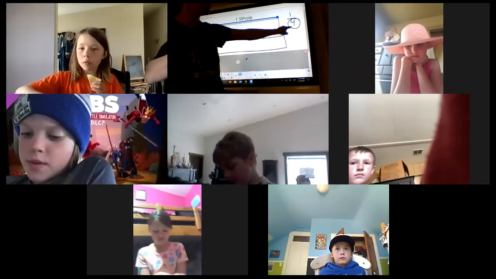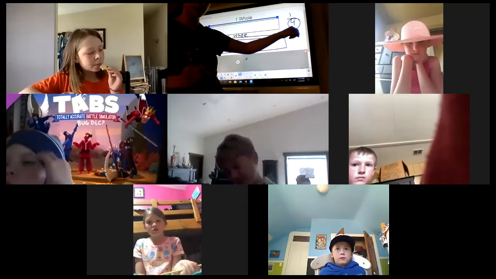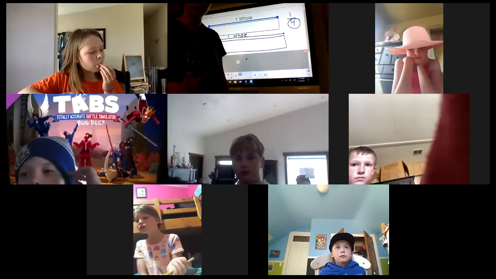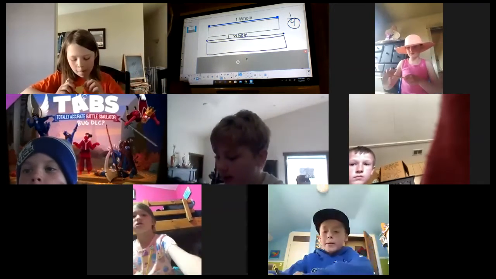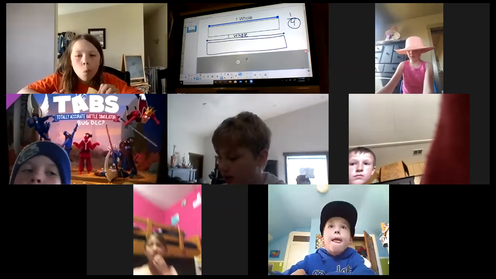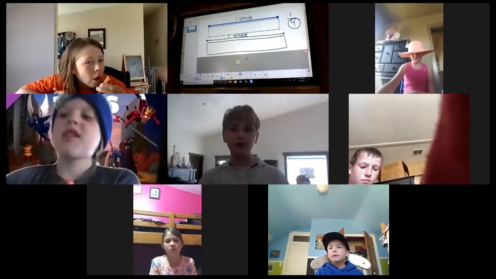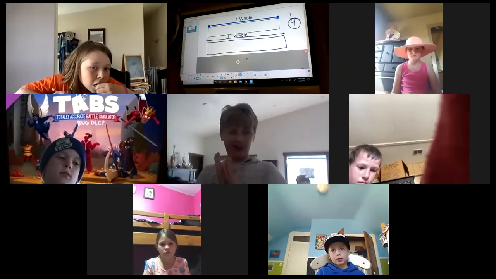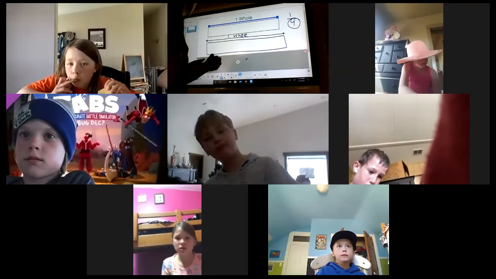Our bottom number, the denominator, tells us how many equal parts we need to divide our fraction bar into. So those of you that just joined us, today we're going to be drawing fraction bars to represent fractions. If you do not already have a fraction bar drawn, please go ahead and do that, and I'll model how to do that again.